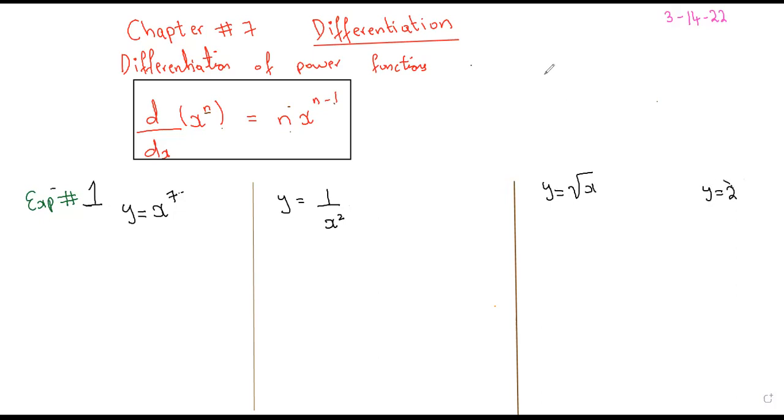So we have these 4 examples. I want all of you to try the first one and then I'll tell you how to do the next 3. But just try the first one, please. Try finding out the derivative of y equals x to the power 7. The formula is written in the black box, okay?